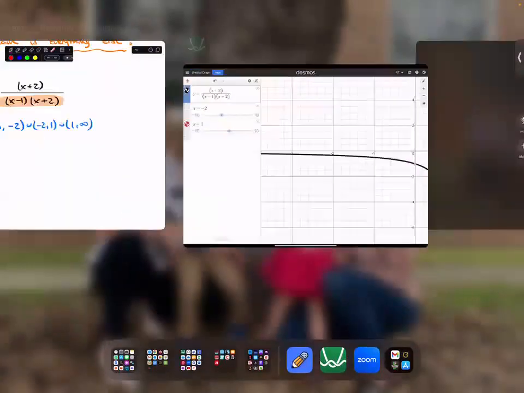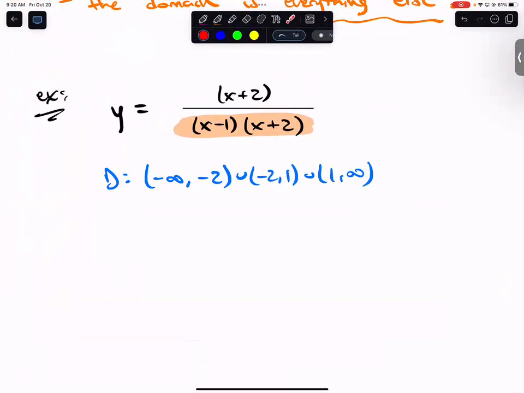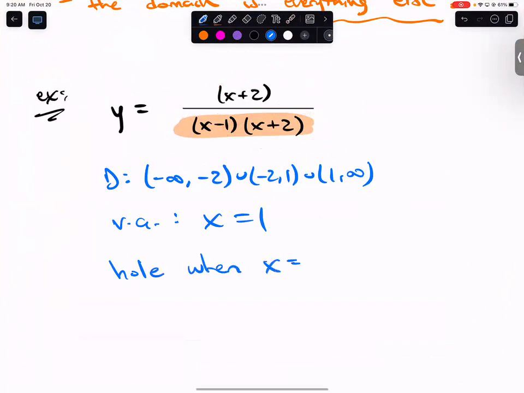And it's because of this. So this thing has a vertical asymptote at x equals 1, but it has a hole when x is -2 because of, again, this factor that shows up in the top and the bottom.